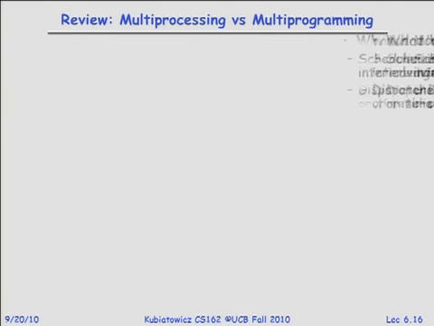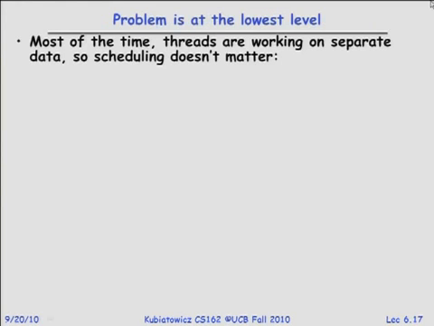The other thing to remember is, of course, hyperthreading also gives us this kind of example, even though there's only one CPU. So the problem is really at the lowest level here. Most of the time, threads are working on separate data, so the scheduling doesn't matter. For instance, suppose that thread A says x equal 1 and thread B says y equal 1.